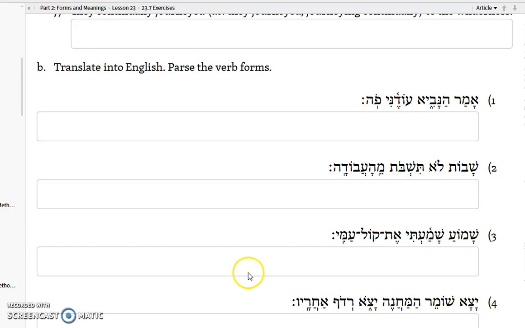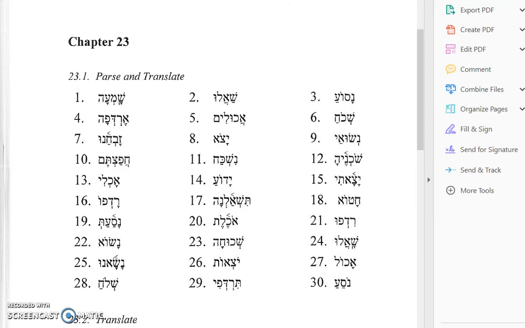The prophet said, I am still here. What I really want to do is to move on to the Clemmons exercises. So in 23:1, we get some drill in parsing various forms. So let's start.